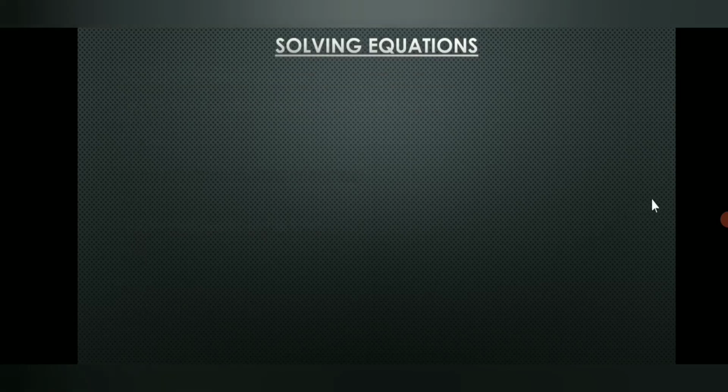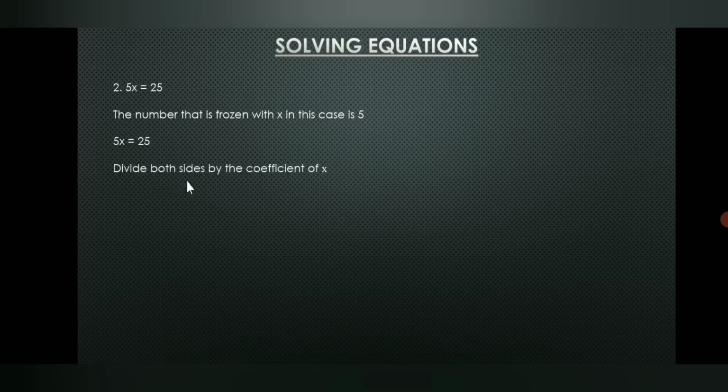The same thing applies if we have 5x equals to 25. So the number that is frozen with x in this case is 5. Okay, so we'll write the equation. We'll say divide both sides by the coefficient of x. So in this case we have 5x equals to 25, which is exactly the expression we are given.